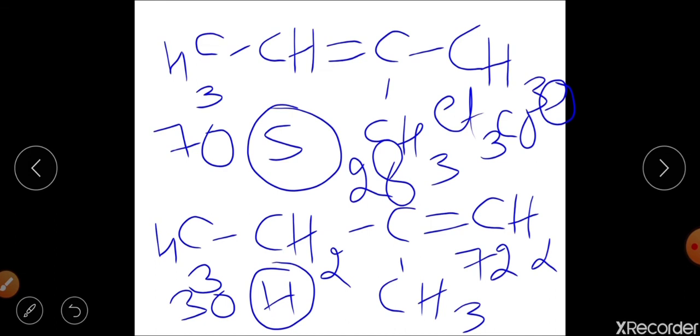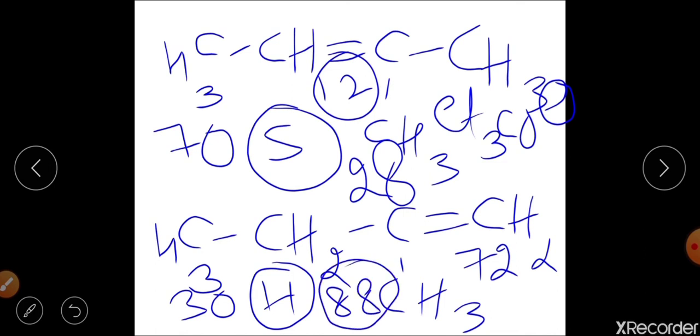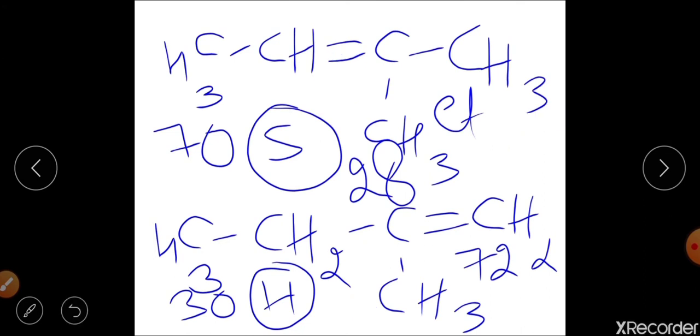At that time, my dear students, note it down that the S product will only be 12% and 88% will be your H product. So this is how we can have different orientation during this particular course of reaction when we change the base.